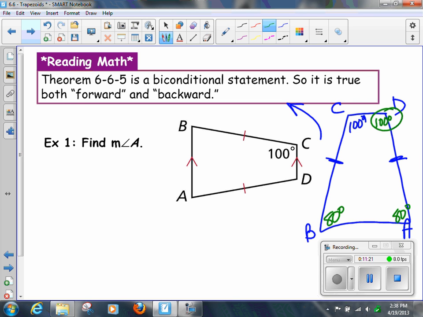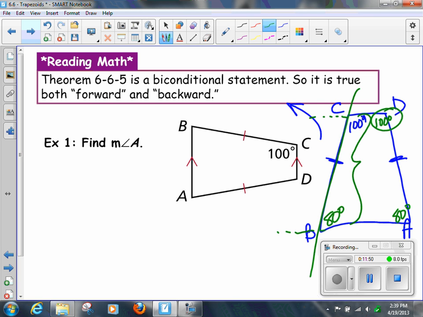Okay, you understand that base angles are going to be congruent in an isosceles trapezoid. So this is 100, so that's 100. Think back to parallel lines, Brandon. What kind of angles are these right here with respect to parallel lines? No, they're on the same side. Same side interior angles, which are also called in some textbooks consecutive interior.